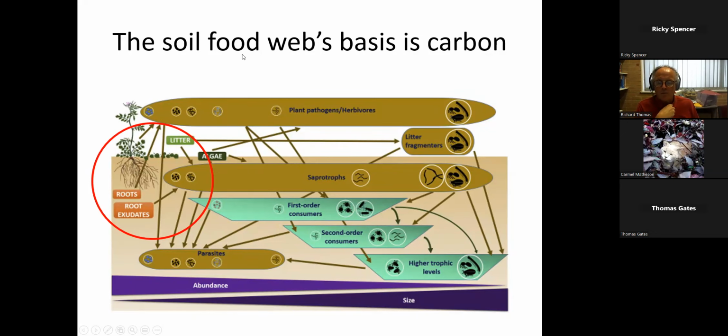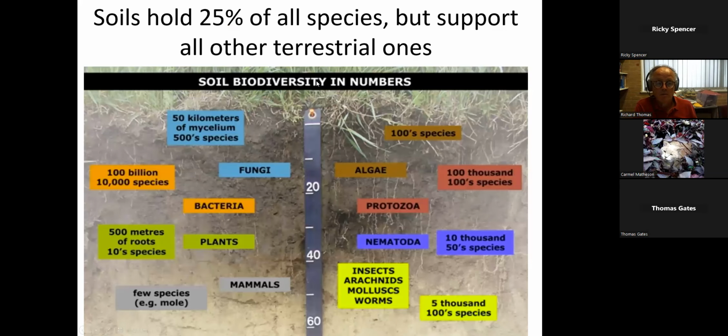The food web is dependent on its carbon. One of the particular problems we have in Australia is that we are on one of the oldest and driest continents of the world, and a lot of this carbon content has become oxidized and disappeared. Of the species that are found on Earth, 25% are found inside the soils.